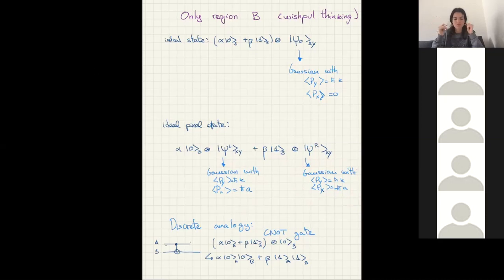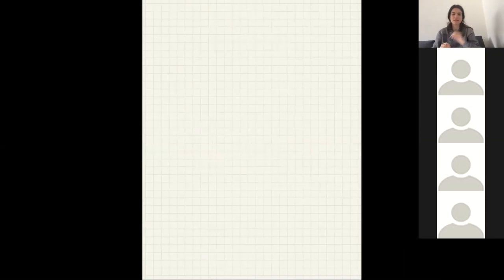So this would be if I just want the position to shift immediately, depending on the value of my spin, and I would just measure it immediately. And then in the exercise class, you'll do how it happens for the coupling to the momentum. Okay. So we'll do the general case first.